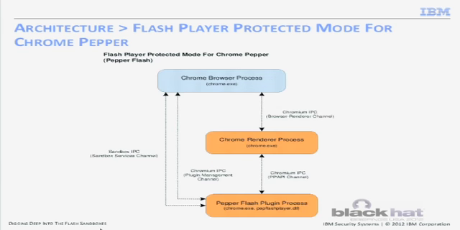For Pepper Flash, there is no separate broker process since the Chrome browser process will act as the broker process for this. As to why, that will be explained by Mark later. And the Pepper Flash plugin process is an instance of chrome.exe that loads the PPAPI plugin ppflashplayer.dll.